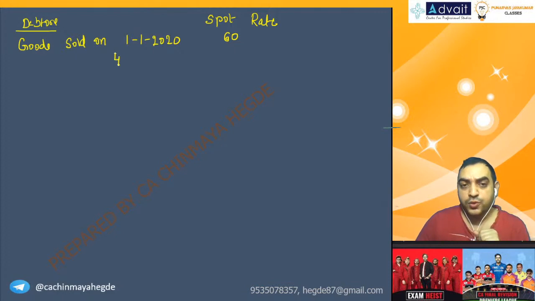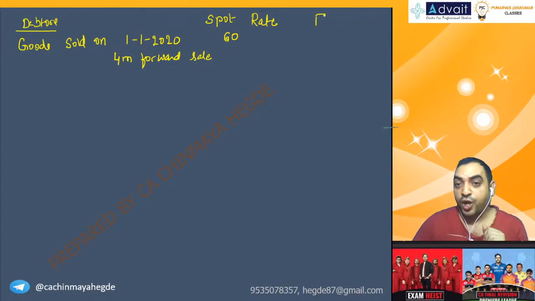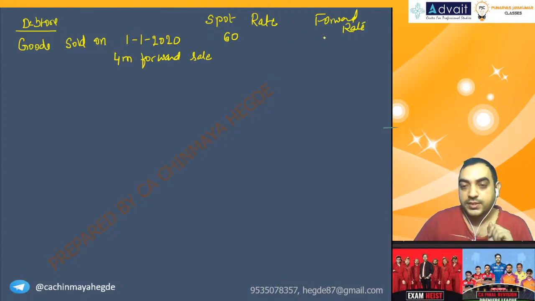So you enter into a 4 months forward contract, a forward sale contract, because after 4 months only you receive the money, and the forward rate happens to be 64 rupees.